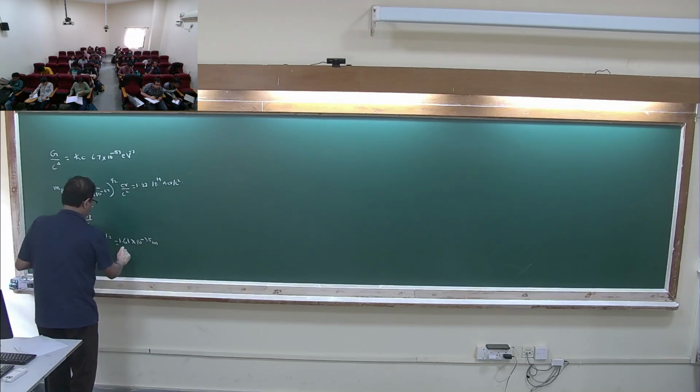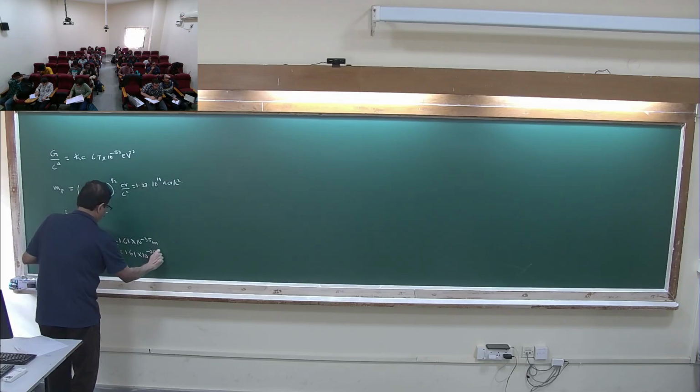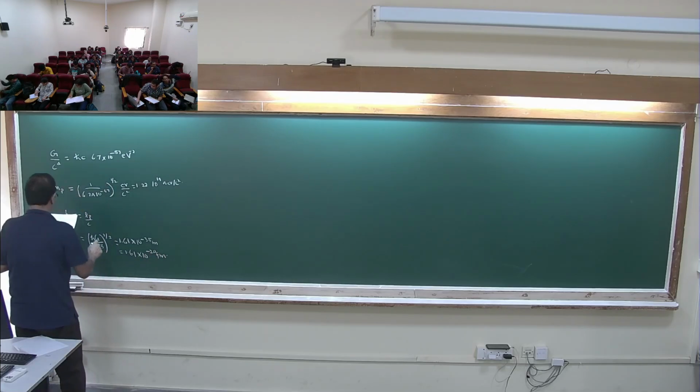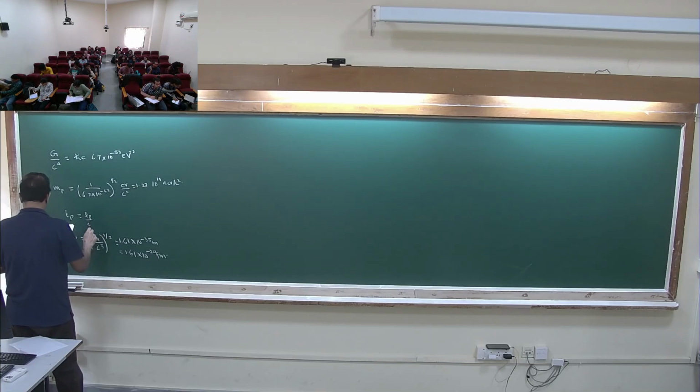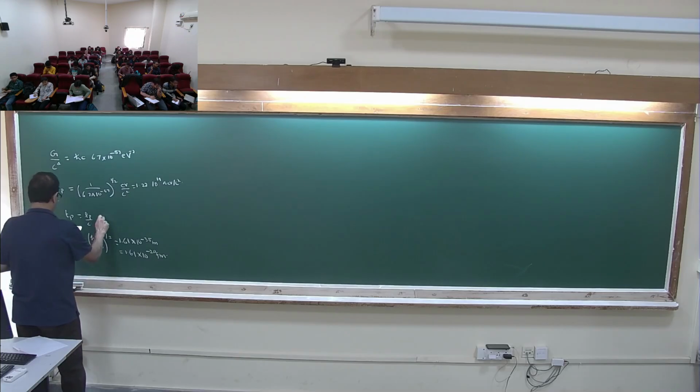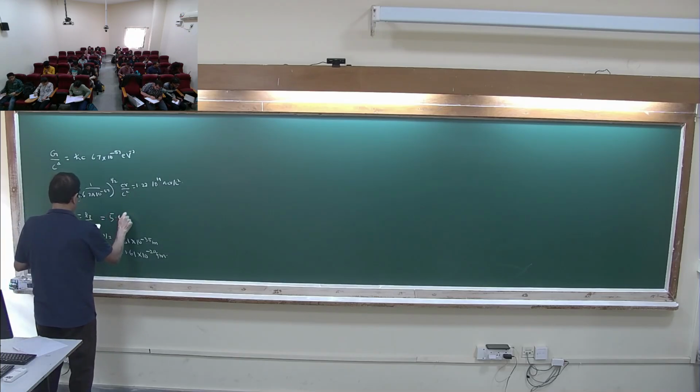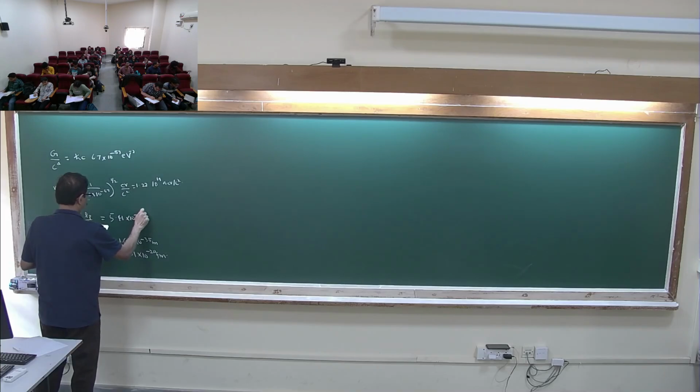Of course, you can express this in femtometers. This is 10 to the minus 20 femtometers. And the Planck time we had already seen was 5.41 times 10 to the minus 44 seconds.